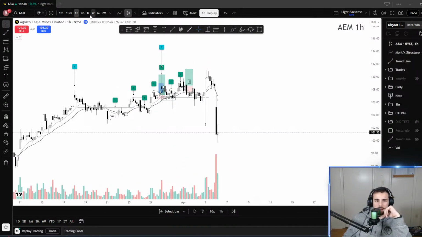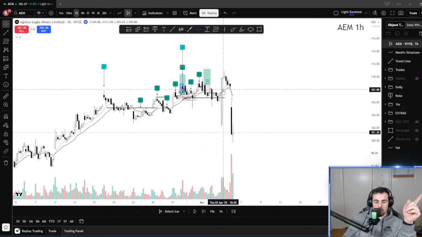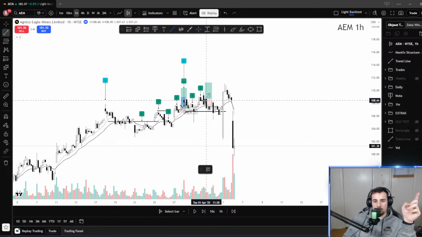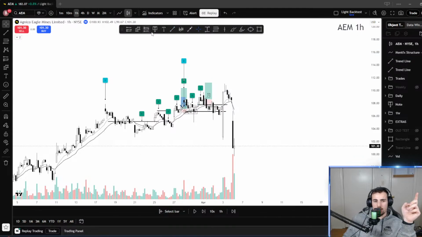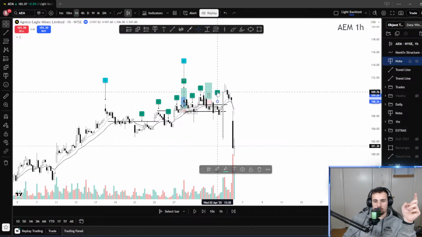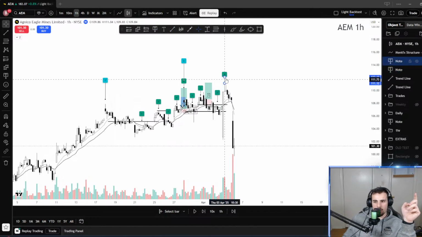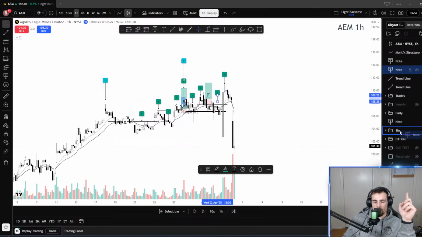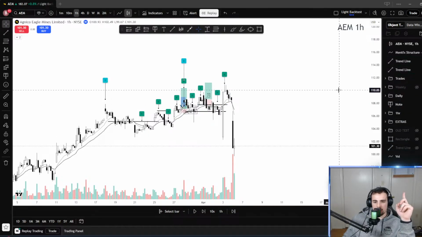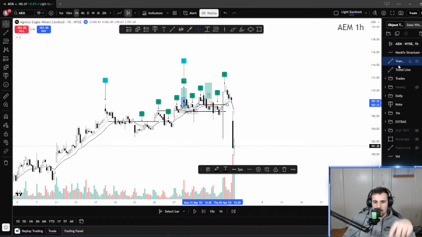Now this is ugly. See how I was unsure. So take a note of that. I was unsure. My rules were technically met. The 1 hour came out of accumulation and created the first accumulation break and created the first high to be ran. And even though the rule was met for me to drop down to my entry time frame, the 10-minute, I chose not to.